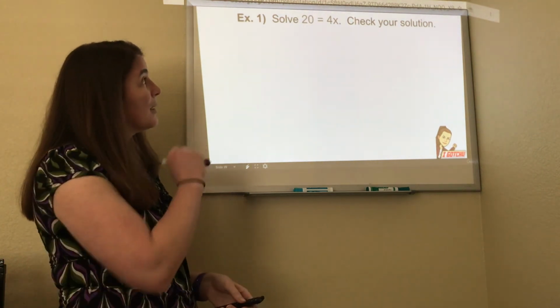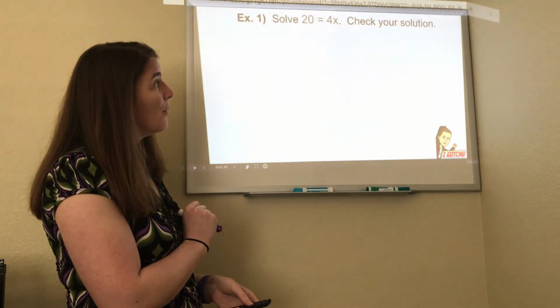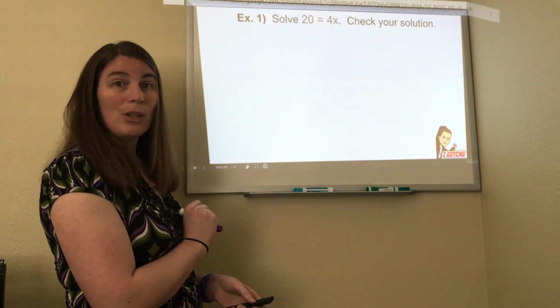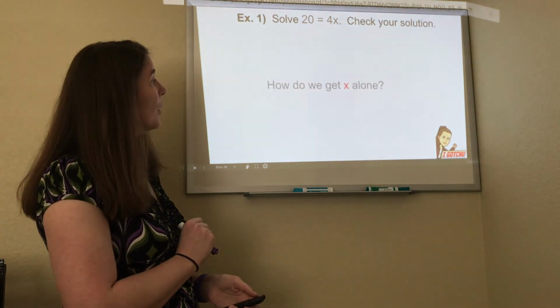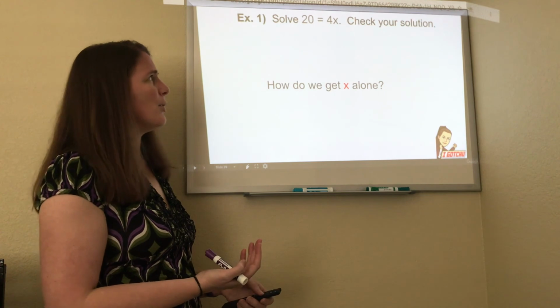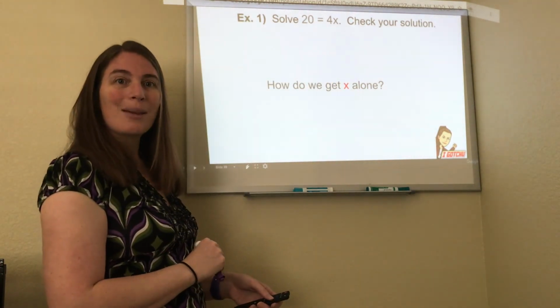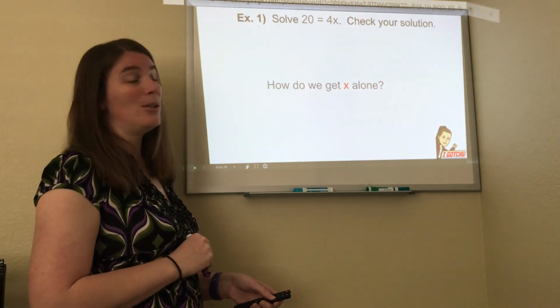So the first thing is I need to solve 20 equals 4x, and then we need to check your solution. Okay, so how do we get x alone is the first question that you're going to say to yourself. Well, I see here that it's 4 times x, so to get it alone we have to undo it.